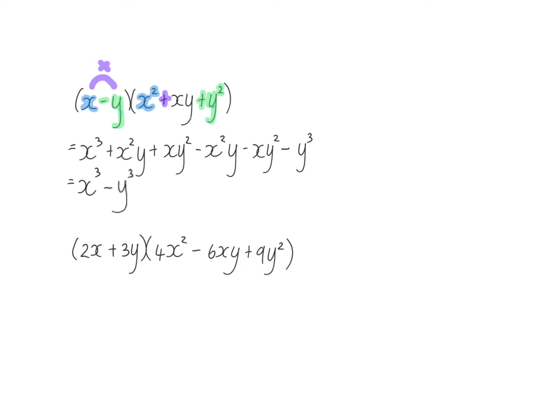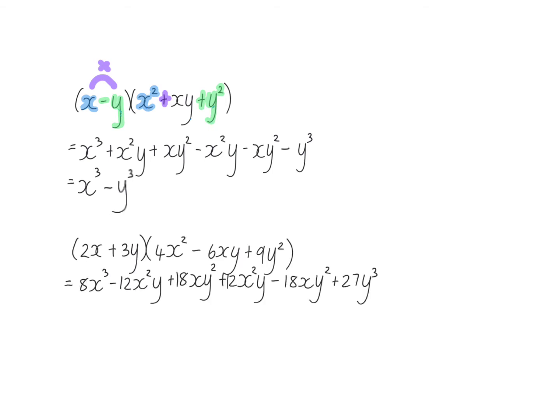In the second example, all three of those requirements once again are there. Our first term has been squared to get 4x squared. The second term has also been squared to give the plus 9y squared. And when we get the product of these two terms, it is plus 6xy, and we have that with the opposite sign.